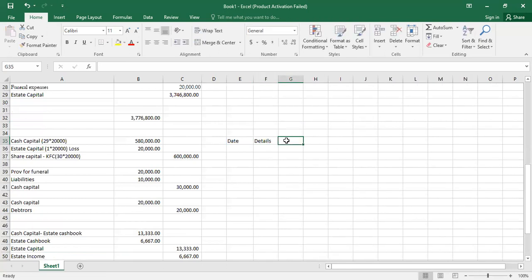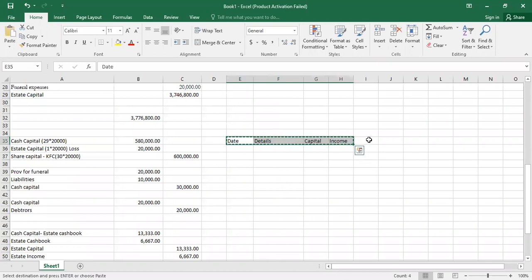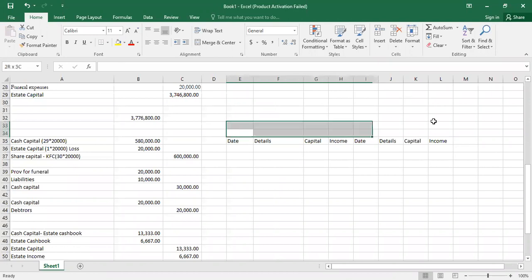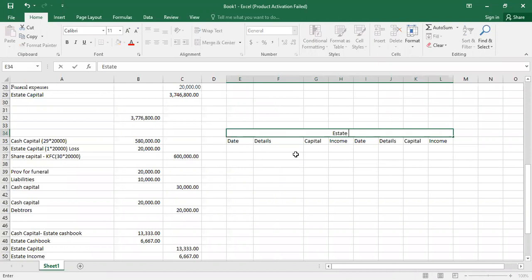Then I have the estate capital and the estate income column. I can copy paste this on the credit side.